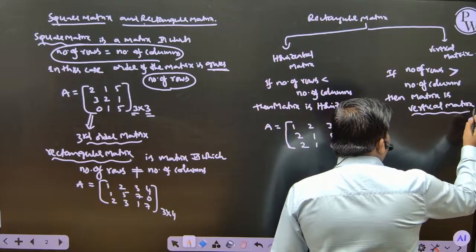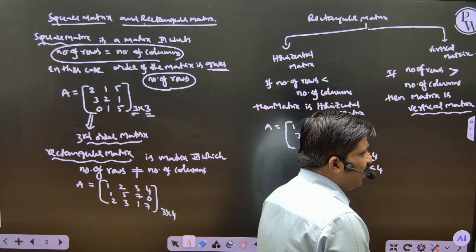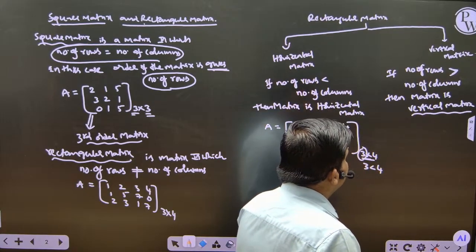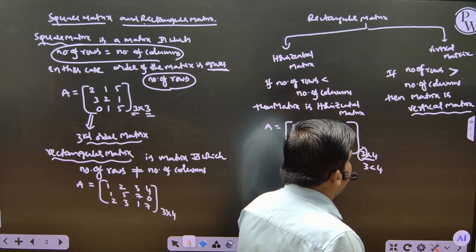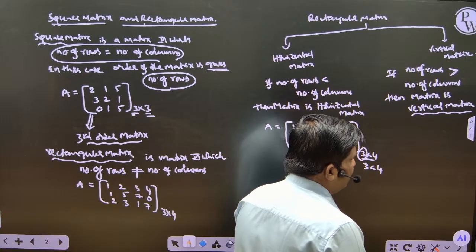If the number of rows is greater than the number of columns, then the matrix is a vertical matrix. Whenever the number of rows is greater than the number of columns, it is vertical.